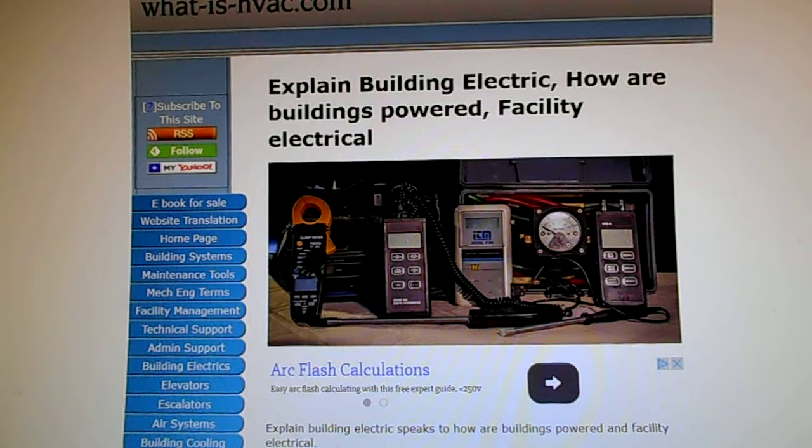In the US and parts of Canada and South America, split phase service is the most common. Split phase provides both 120 volt and 240 volt service with only 3 wires. Split phase has substations that provide intermediate voltage.